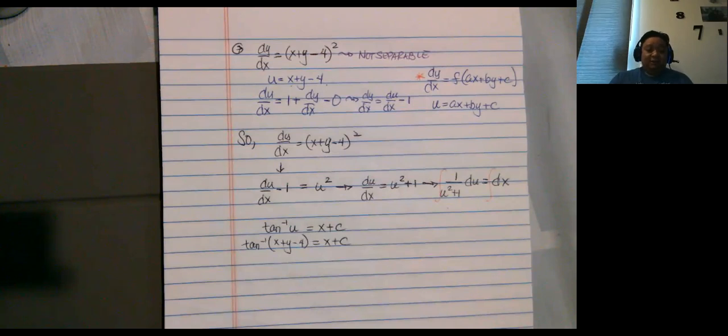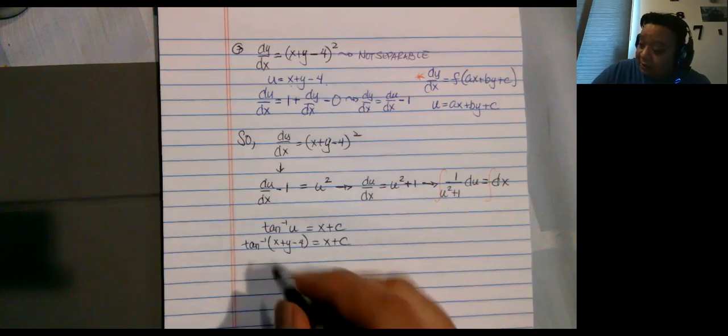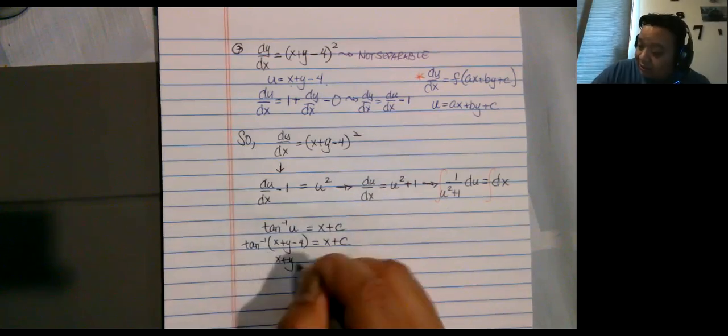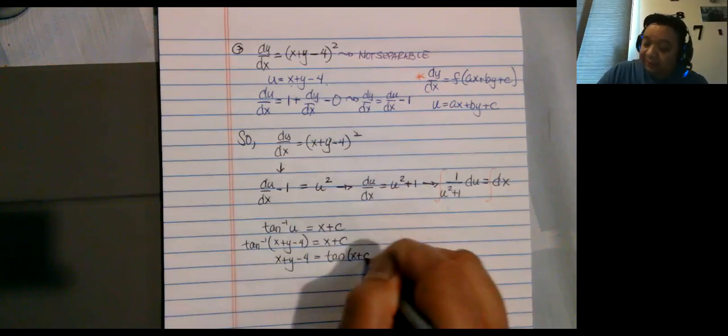Questions? All right, now you're not done because notice there's only one y, and that typically means I should be able to find my function explicitly. First, get rid of the tangent. You get x plus y minus 4 is equal to tangent of (x plus c).